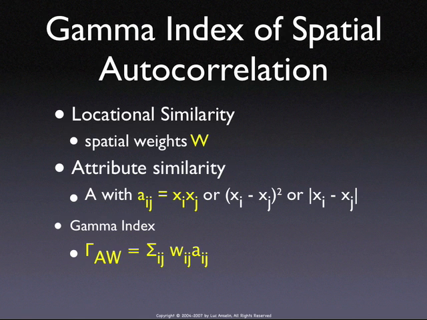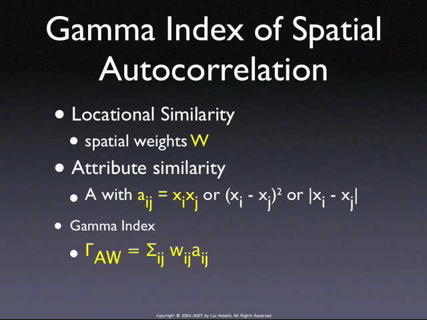A lot of these w's will in fact be zero, so then the aij is not getting counted. In essence, this is a weighted sum of the aij's, which are a measure of similarity, where the weights are our spatial weights. And of course, when they're zero, it doesn't matter. It gets zeroed out.